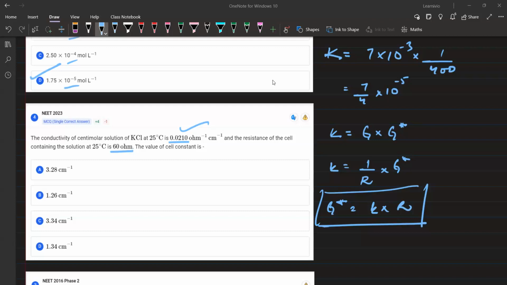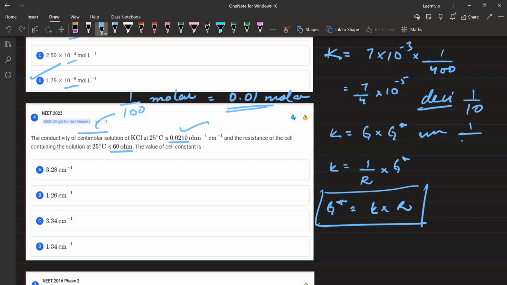Alia and Iram? Sir, sir, what is centimolar? The conductivity of a centimolar. Centimolar means 1 upon 100 molar. That is equal to 0.01. But that has nothing to do with the cell constant. Cell constant does not depend on concentration, right? Centimolar is like that, decimolar is 1 upon 10.